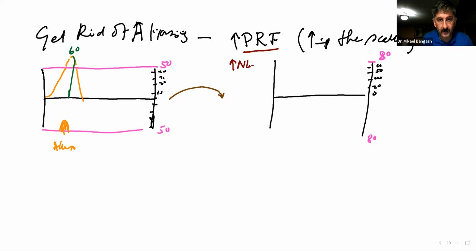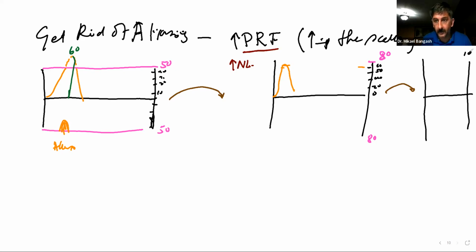This graph is now going to be within the limits of our spectrum. As a matter of fact, let's go to the limit of 60. We can further increase it, let's say to a max of 100.